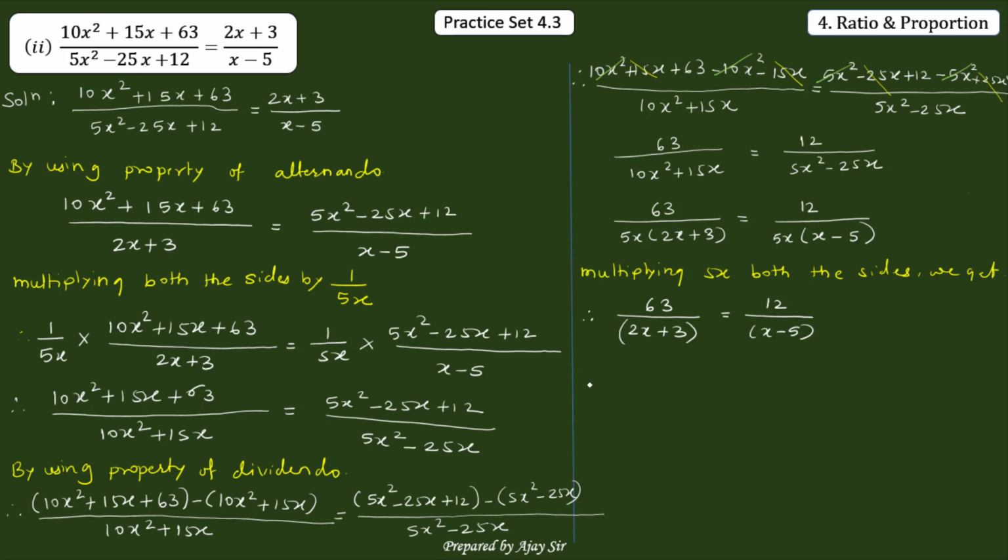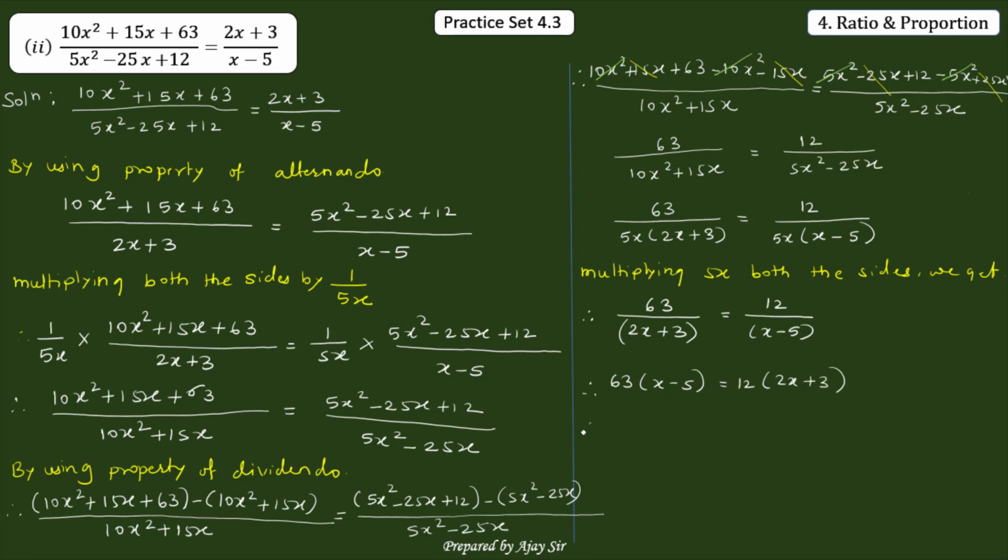So let us find x by cross multiplying these two terms. Therefore 63 into x minus 5 is equal to 12 into 2x plus 3.